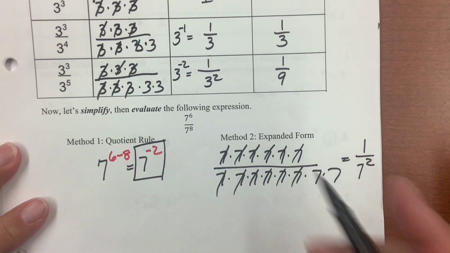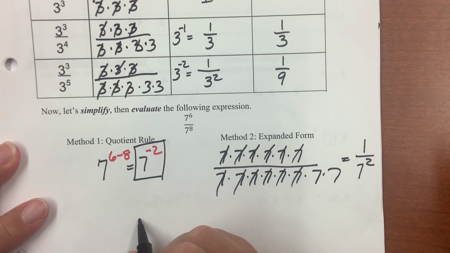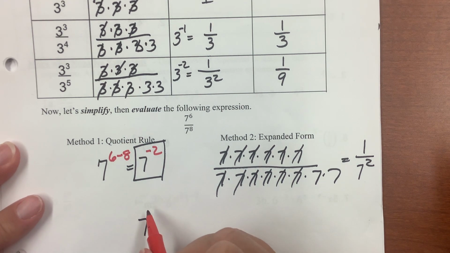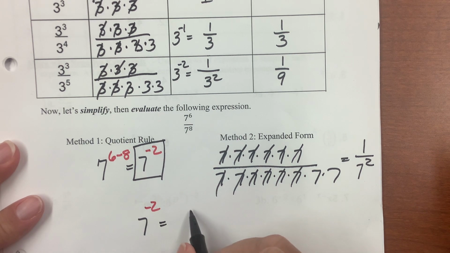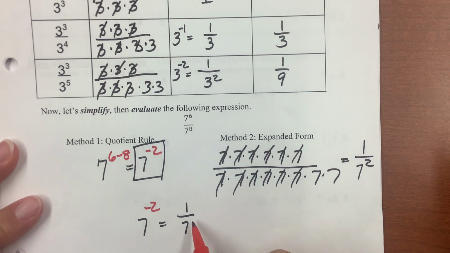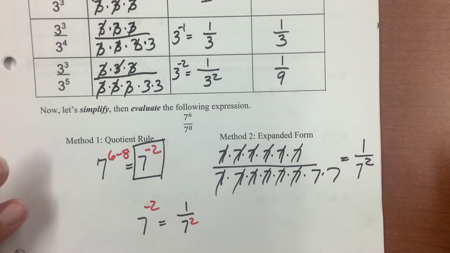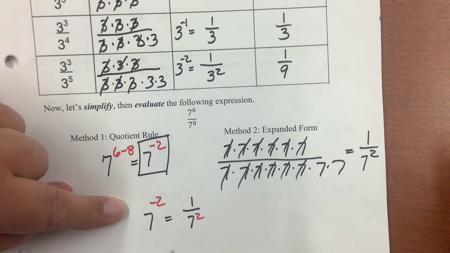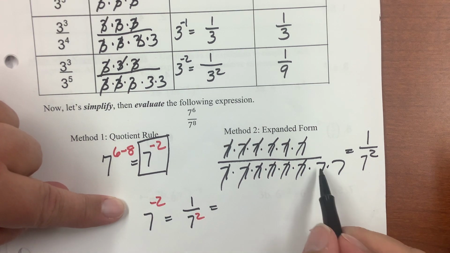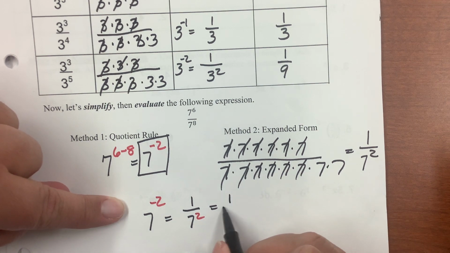Let's take a look at that. Now I have 7 to the negative second power, and that is equal to 1 over 7 squared. What happened? This is equal to that, but it's also equal to 7 times 7, 1 over 49.